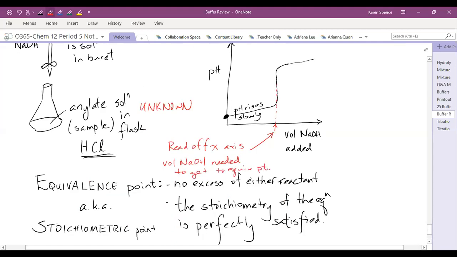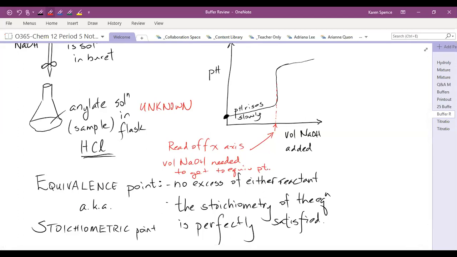This could be an alternate method to find an equivalence point rather than using an indicator. You would stick a pH meter in your solution and measure the pH every few drips or so, plot it on your graph, and read that volume.